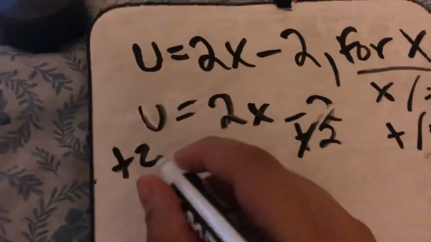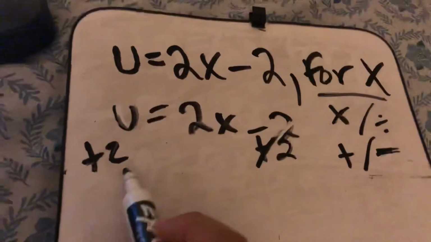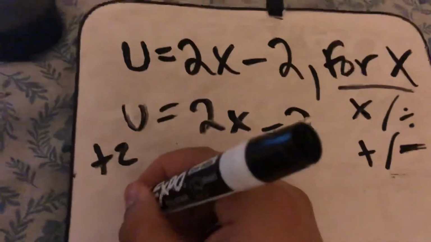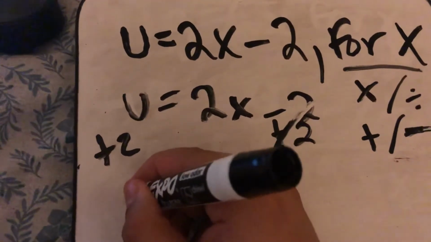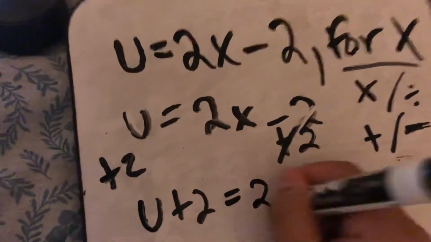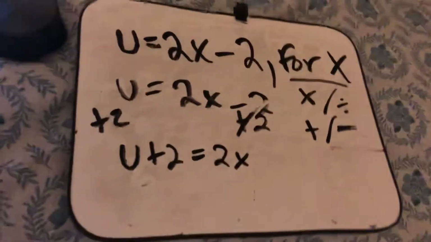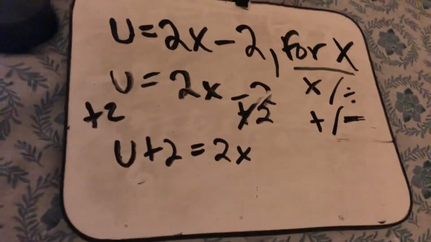You cannot add these two together, right? As I mentioned before, we cannot add a whole number with a variable. So when you move it to the other side, you're going to have u plus 2. All right, and you still have your 2x, right? u plus 2, right? That's all you gotta do.